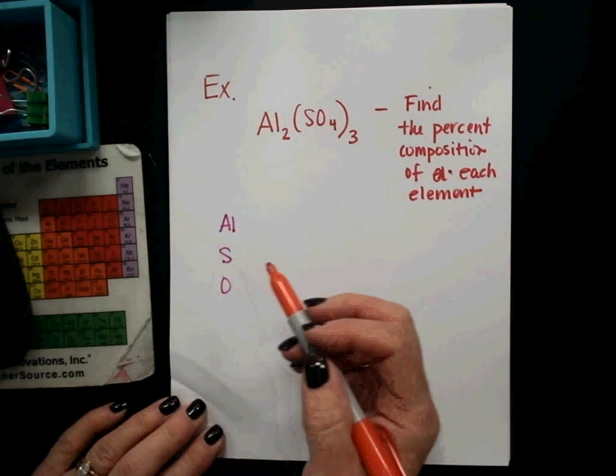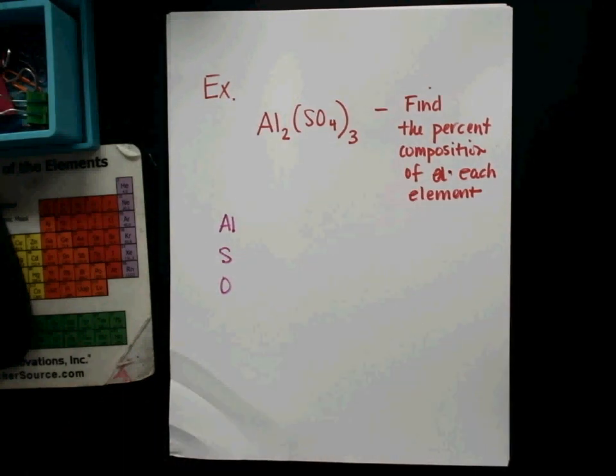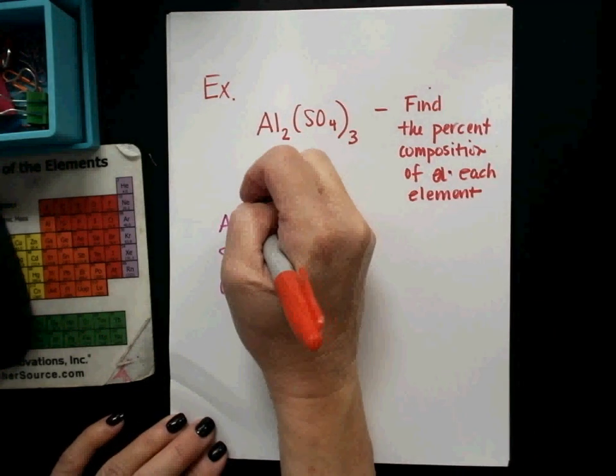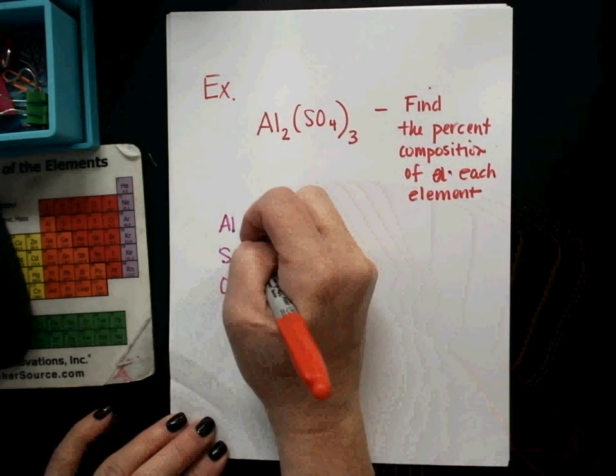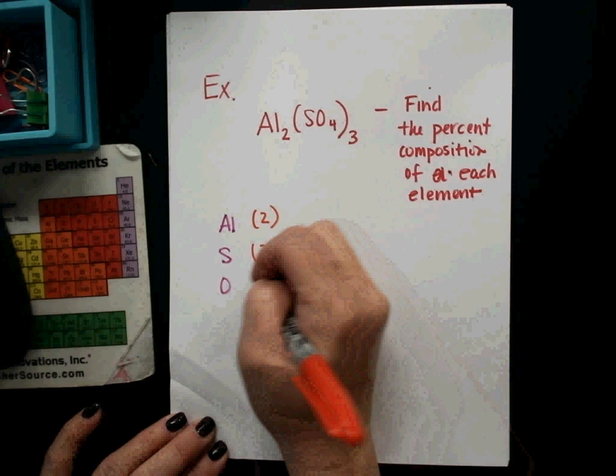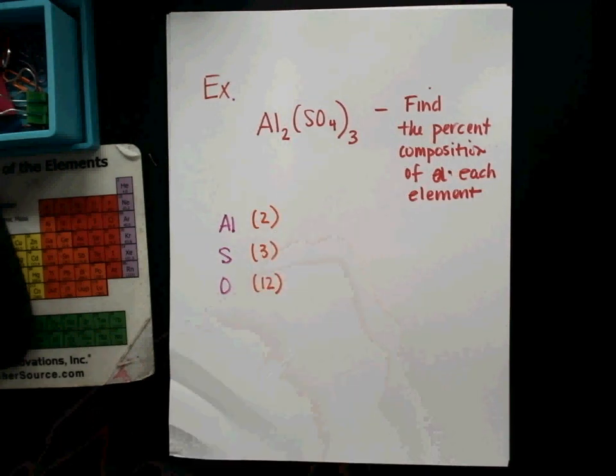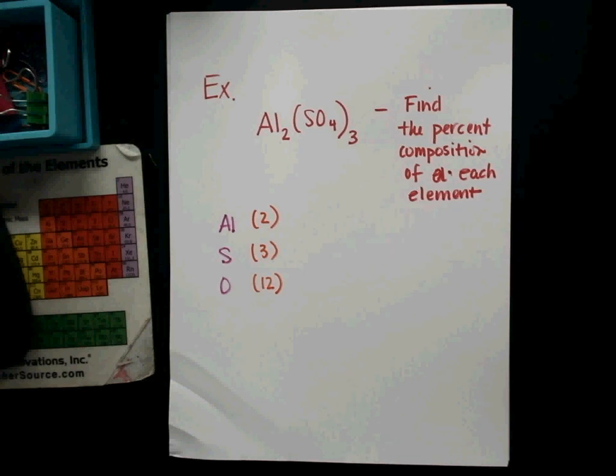So how many aluminums do you have? How many sulfurs? How many oxygens do you have in that whole compound? And then check and see if you have what I have. Okay, any questions about how I got those?